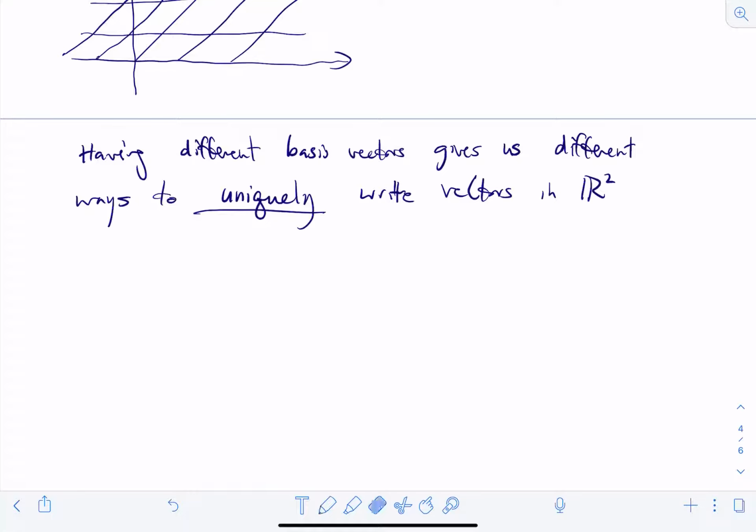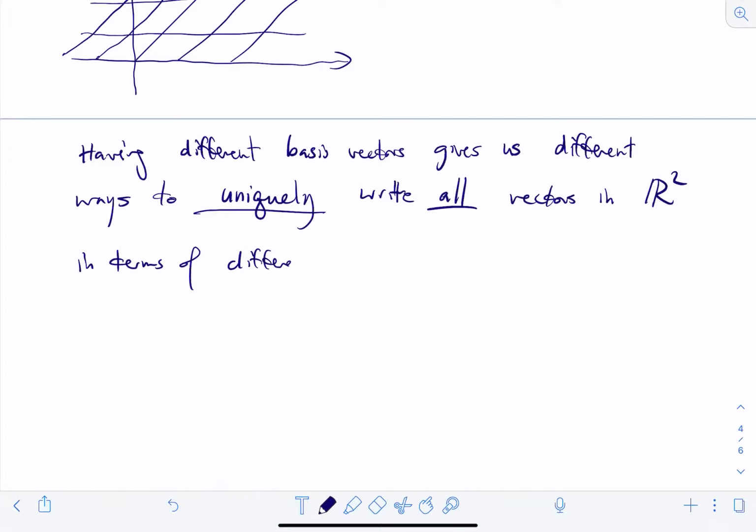Or let me actually retract here. Uniquely write, I'm going to put all vectors in R2 in terms of different bases. Okay.